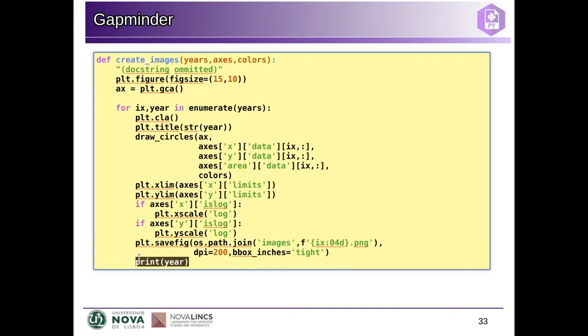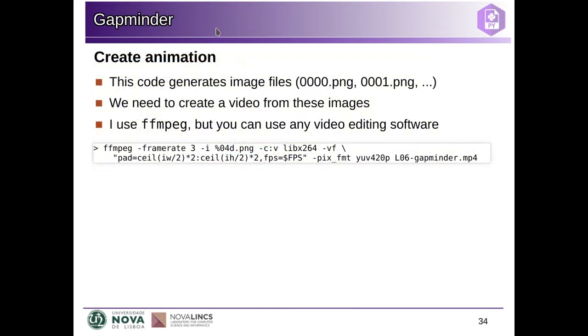But if you have something that takes a long time to run, for example, this can take about 2 minutes, it's useful to see if everything is going well. So if I print here at each iteration, I can see that it's writing the images and it's doing its work. So this code generates the image files like this, 0000, 0001, and so on.